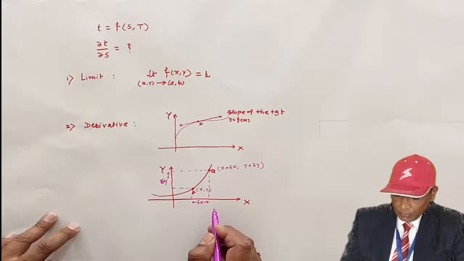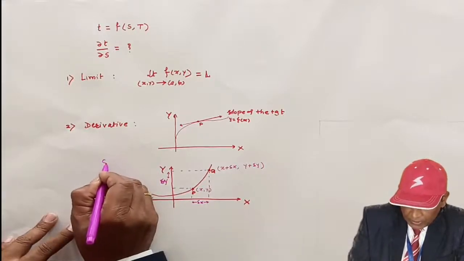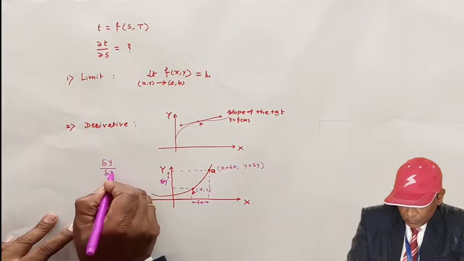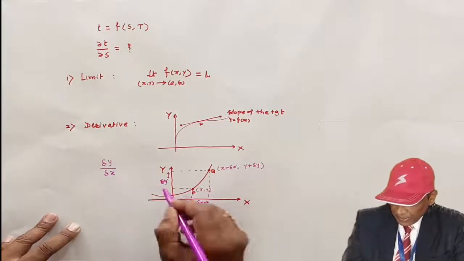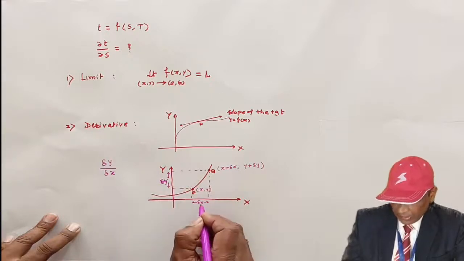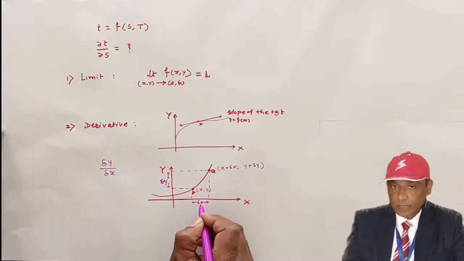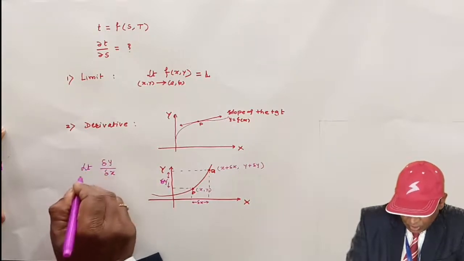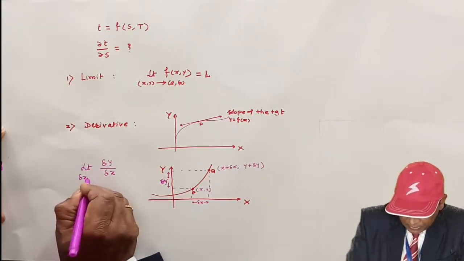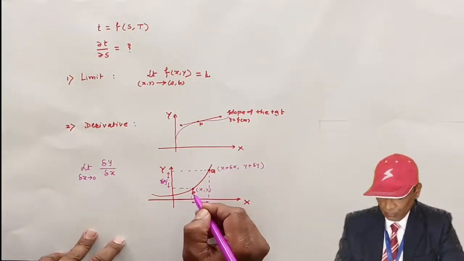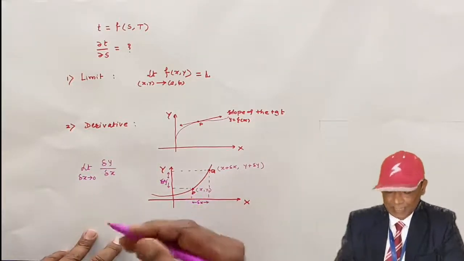What I am going to do is take the ratio of delta y and delta x, and the limiting value of this ratio when delta x becomes 0, meaning delta x becomes negligible.